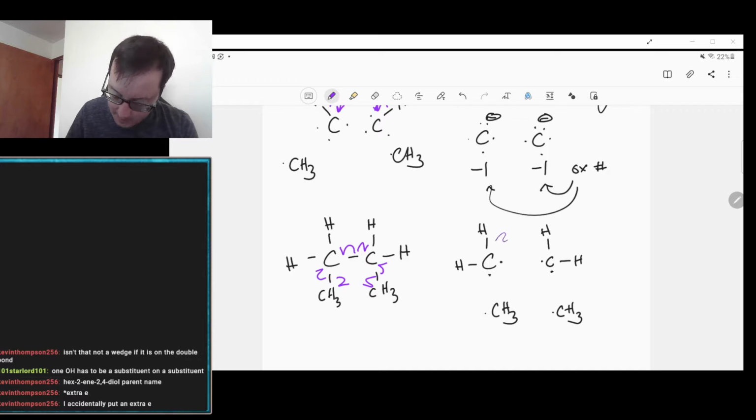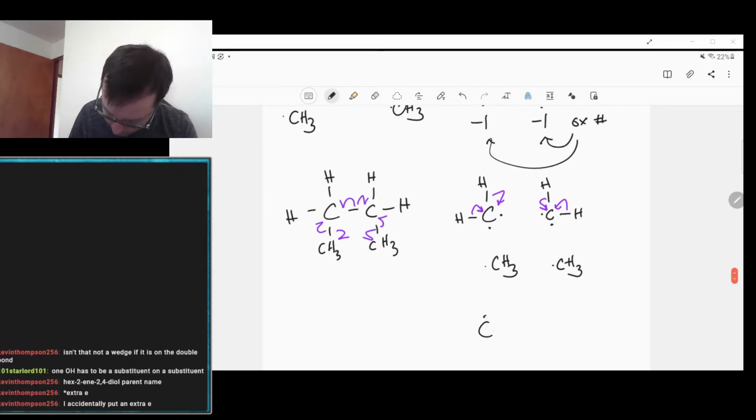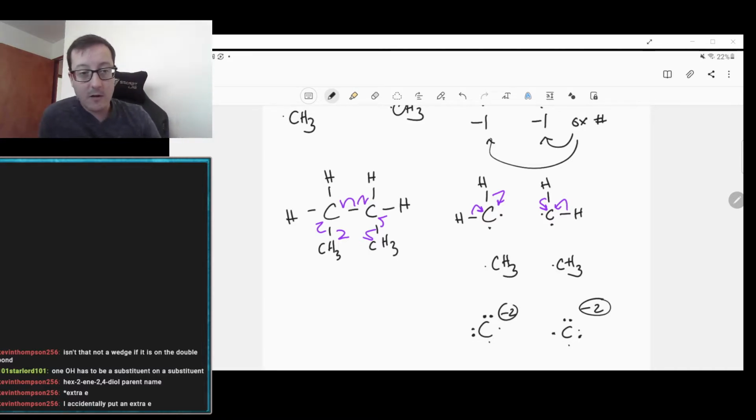And then heterolytically breaking them, we end up with the following. I guess I should draw it on the other side just so I'm consistent. We see we have a -2 on these carbons.